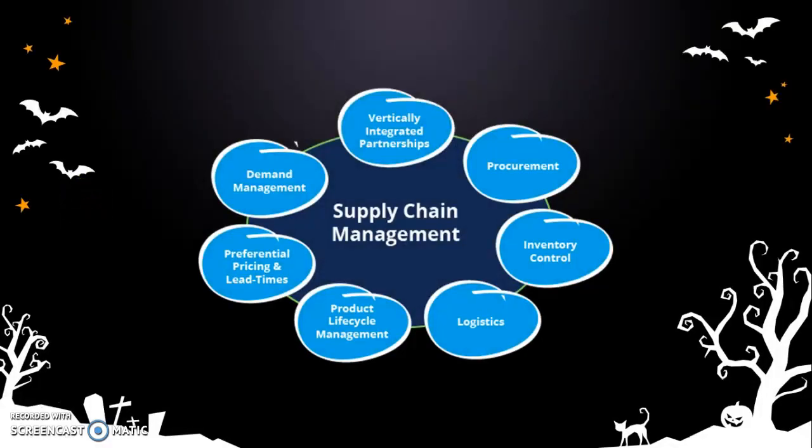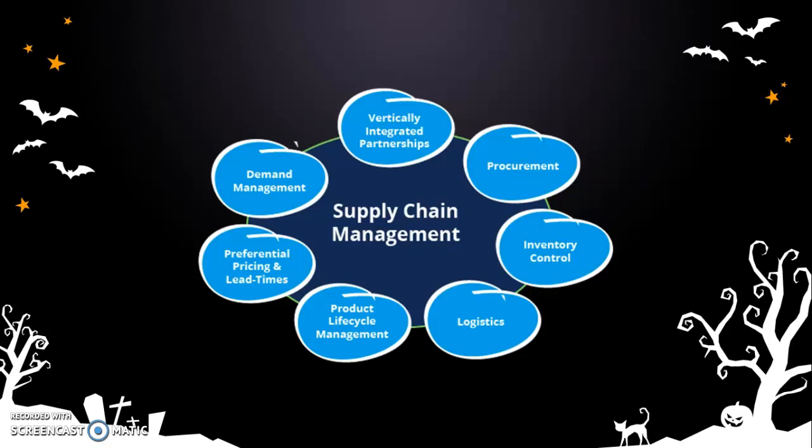So what is supply chain management about? It is about how you vertically integrate with partners. Horizontally is going to be your competitors, but vertically you're going to see who your suppliers are, and you want to have good relationships with them, not only to save time but money.